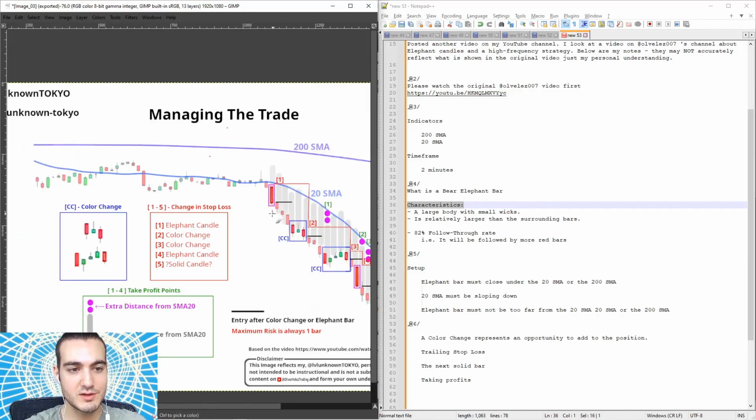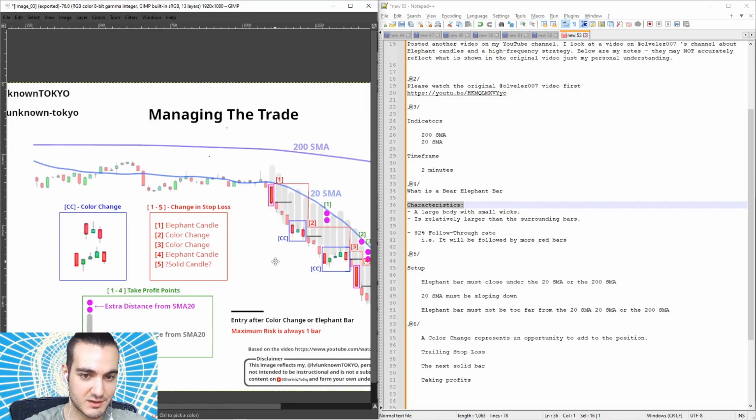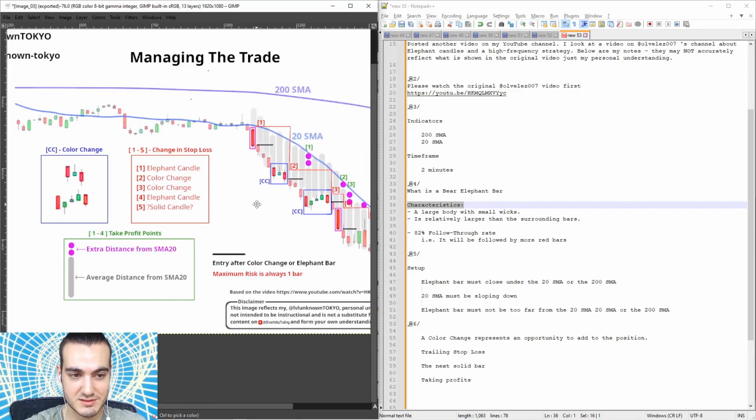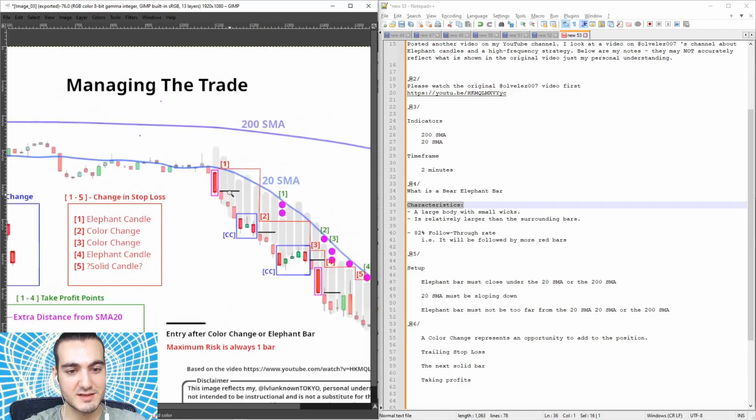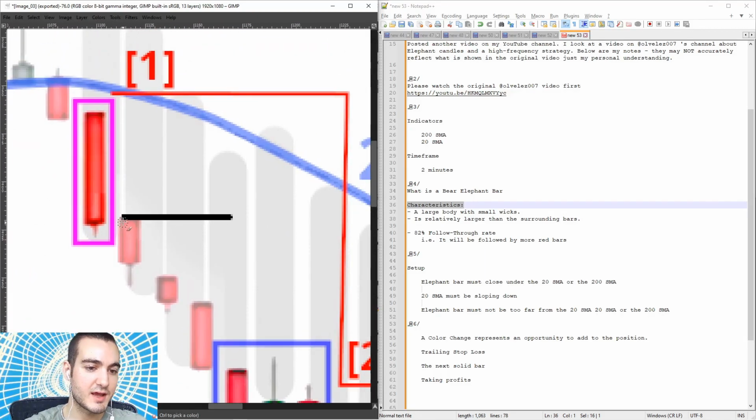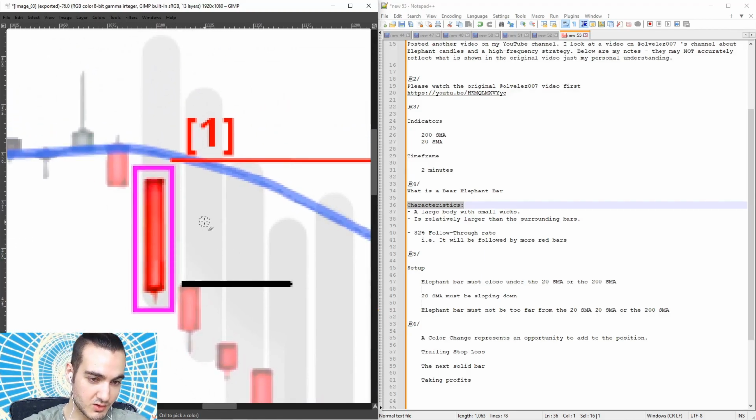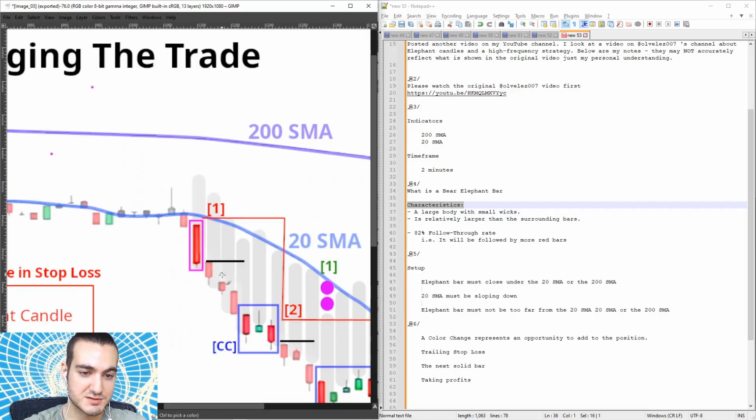So how do we manage a trade taken using this strategy? Well, as I said, we look to enter whenever we see one of these elephant bars, as long as we are close to the simple moving averages. And our stop loss is set above the elephant bar, or the open.